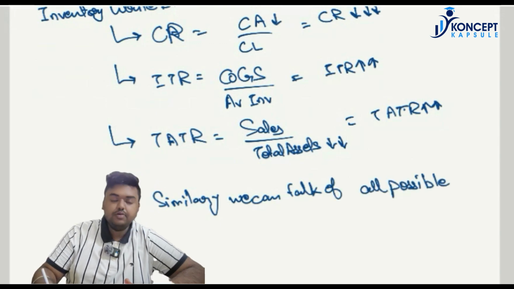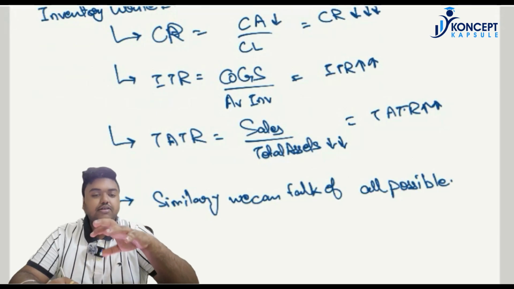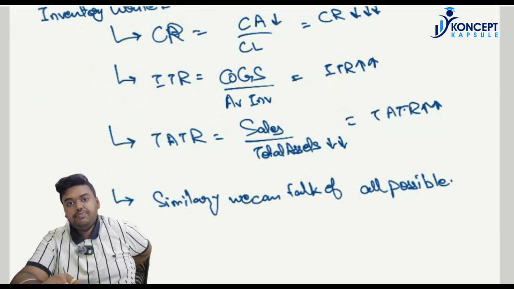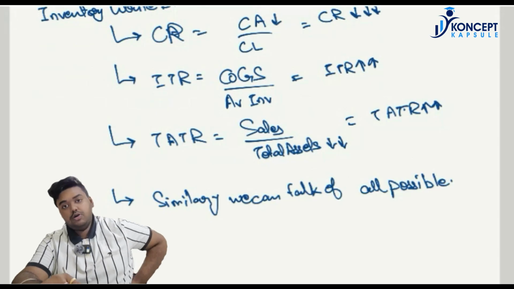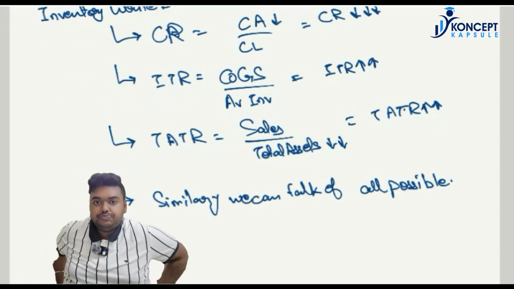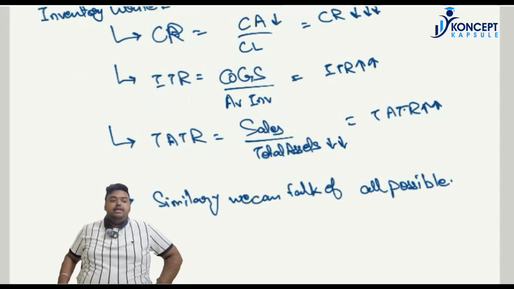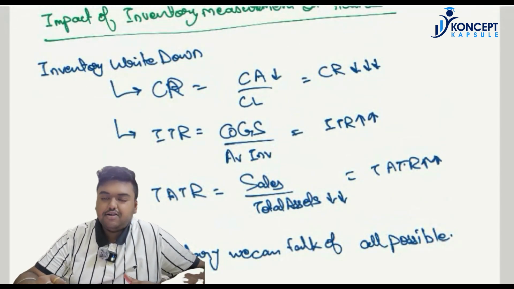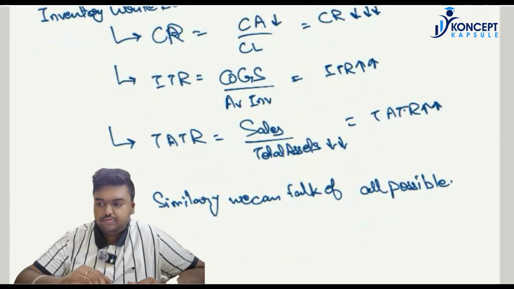Guys, current ratio, inventory turnover ratio, and total assets turnover ratio were just examples. Similarly, we can talk about return on total assets, return on assets. These are profitability ratios. Guys, are we clear? So we have to see what is the impact of inventory write down on these ratios.